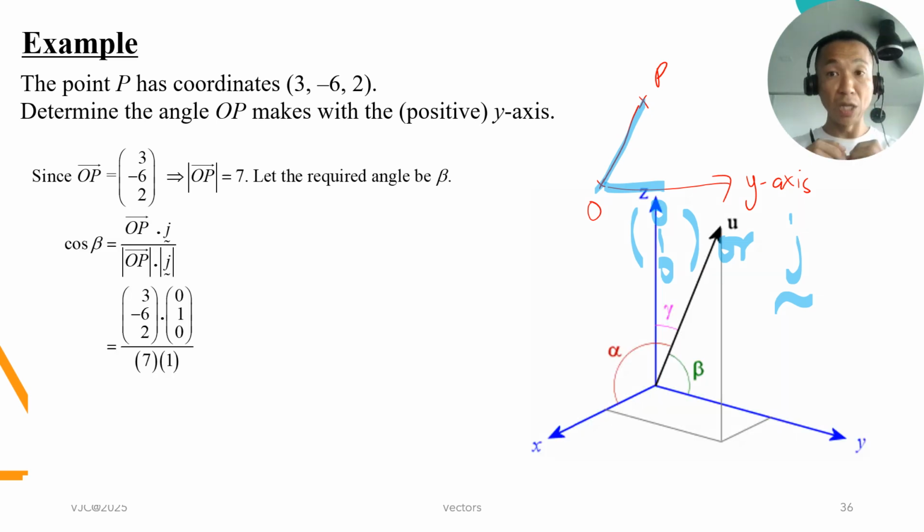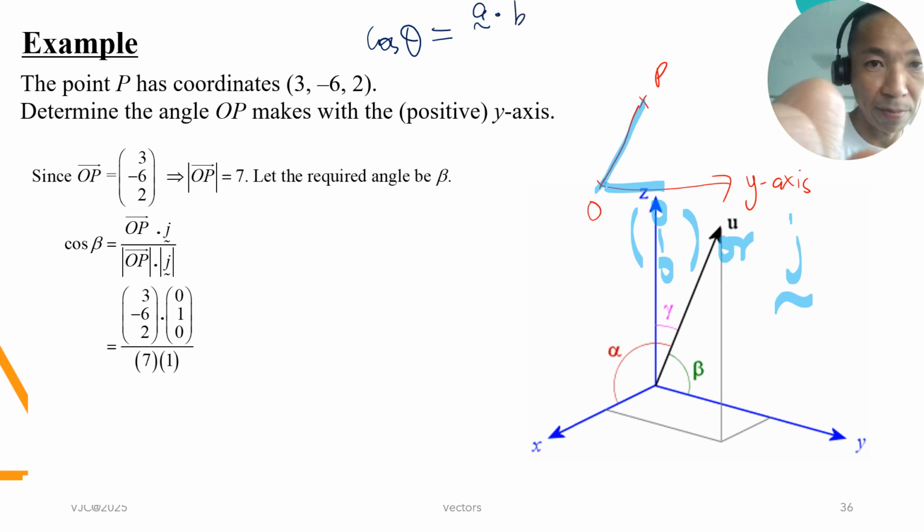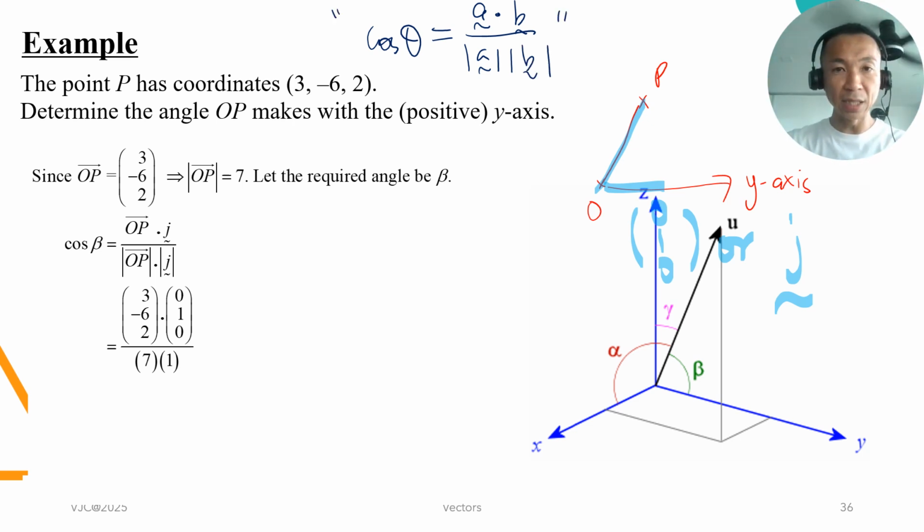Now, in the earlier part, you would have recalled how to find the angle between two vectors. Recall cosine theta is A dot B divided by mod A mod B. In this case, my two vectors in concern are OP and j, which is 0, 1, 0.